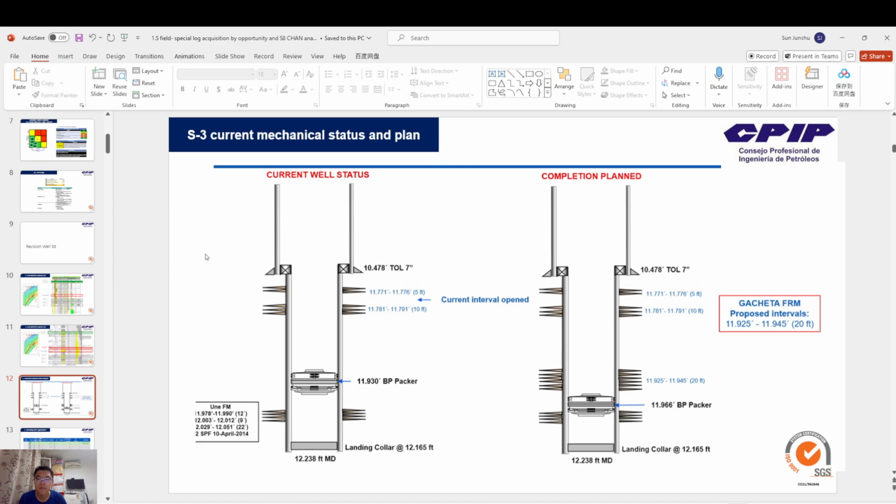Here is the packer position, which is at 11,930 feet of MD.